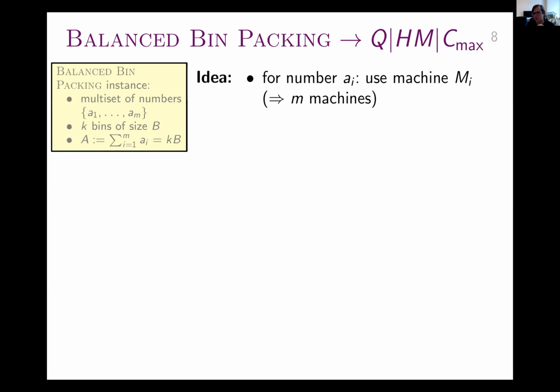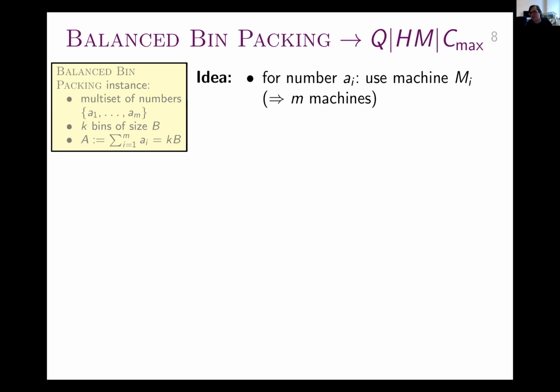If we want to show that something is hard for few job types, and we want to start with an instance which is hard for few bins, we need to change the role of bins and items. Okay, so that's something important not to miss here, that we're encoding the items using the machines.